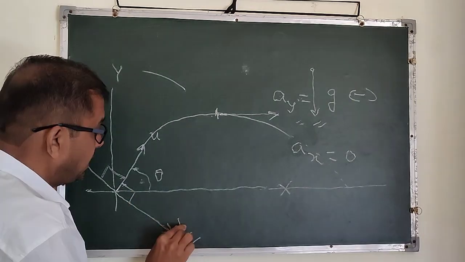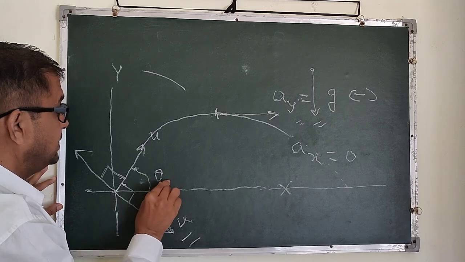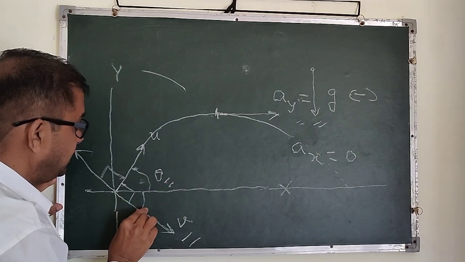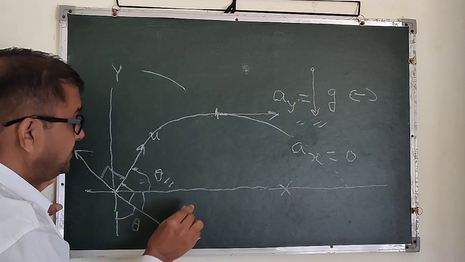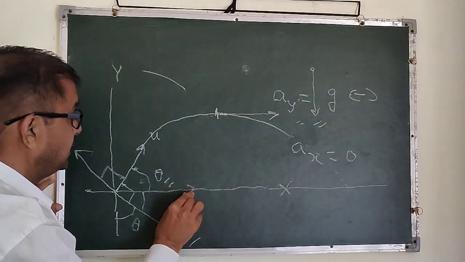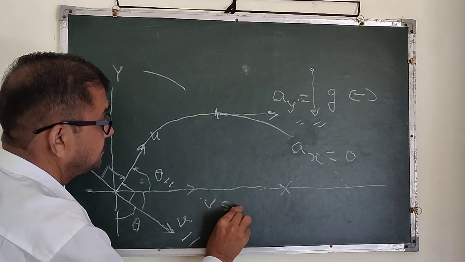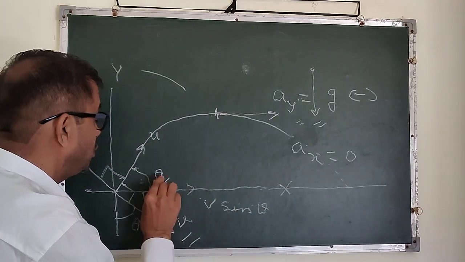Suppose the velocity becomes v, and you know this angle is theta and this is 90, therefore this will be 90 minus theta and this is theta. So as we know, this velocity is v sin theta, and initially the horizontal velocity is u cos theta.